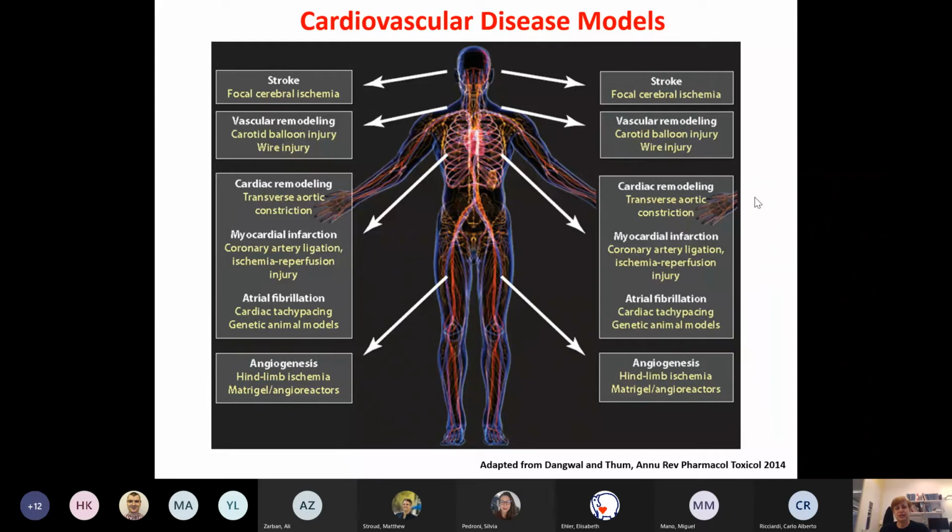So in this schematic, you can see different models from stroke and cardiac remodeling to angiogenesis. This schematic is by no means complete, but a good illustration of what different tools are available to us.